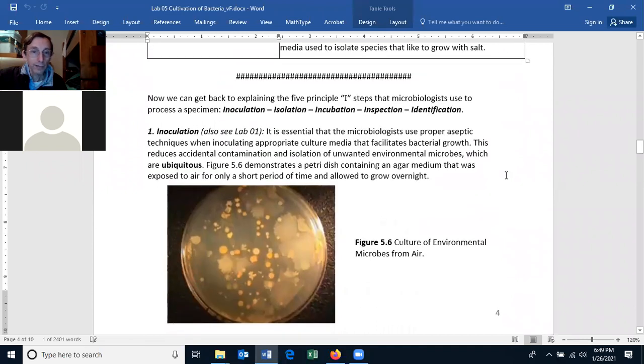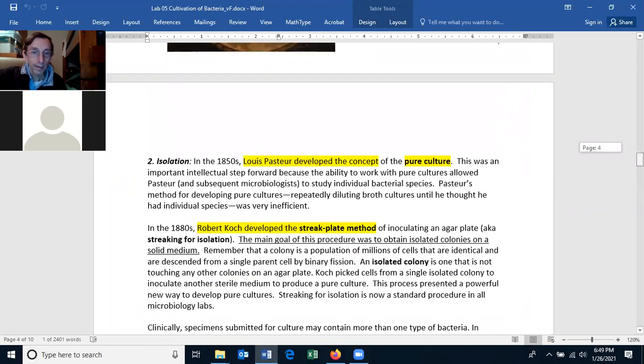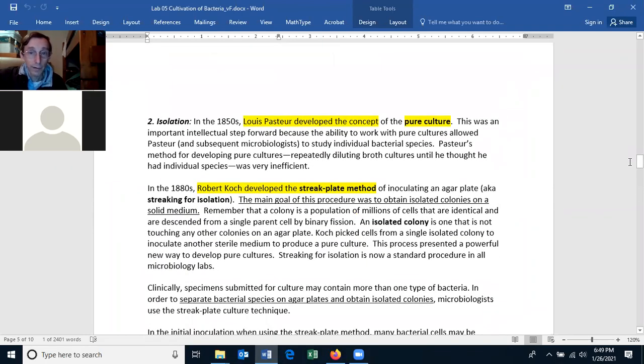Okay, so inoculation, that's something you do when you inoculate a culture. Isolation is something that Louis Pasteur developed when he came up with the concept of pure cultures. And he did have a way of isolating out cultures to get a pure culture, but his way wasn't very good.